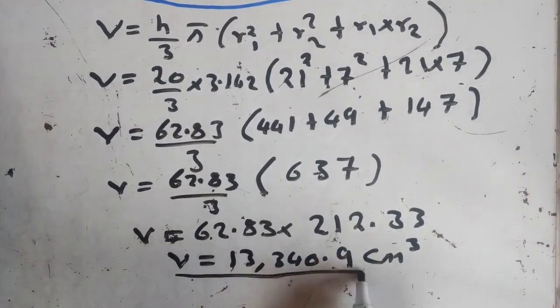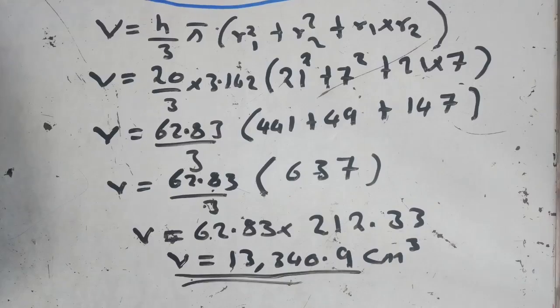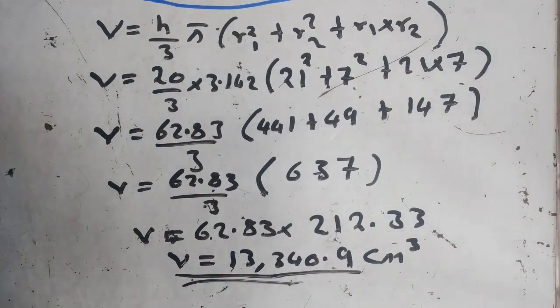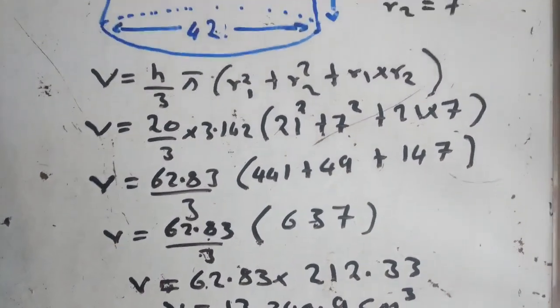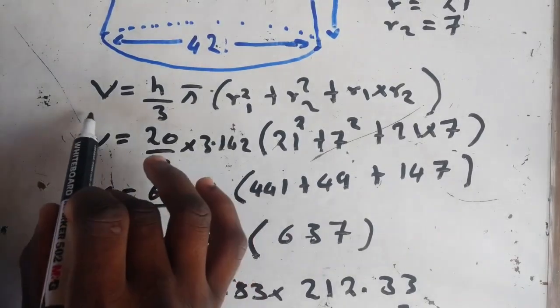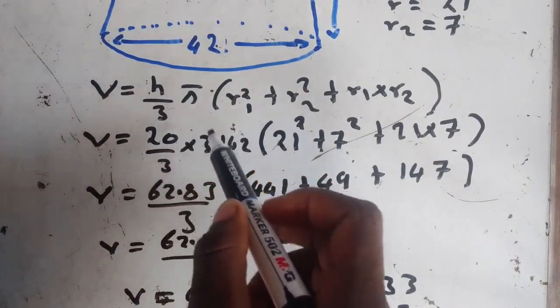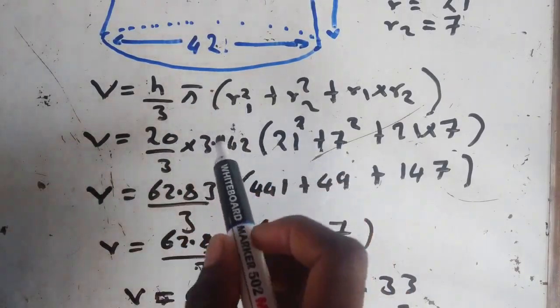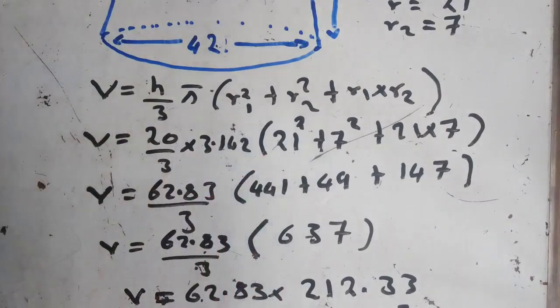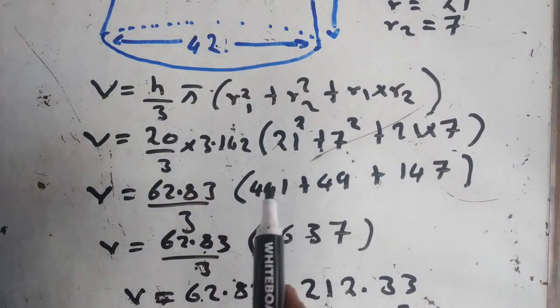So it's easy for us to calculate the volume of a cone if we have been given all the requirements. All you need to do is master the formula, which says V is equal to h over 3, where h is the height, multiplied by pi, open brackets, r1 squared, which is radius 1 squared, plus r2 squared, which is radius 2 squared.